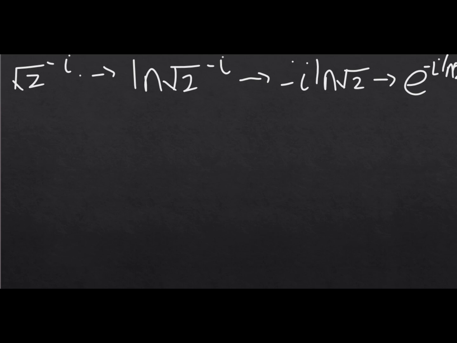Let me rewrite it here. Negative i natural log of root 2. So this is the value of that. Now let me write the full expression from here.